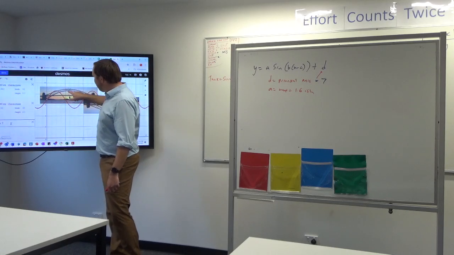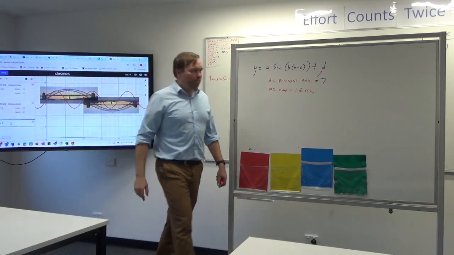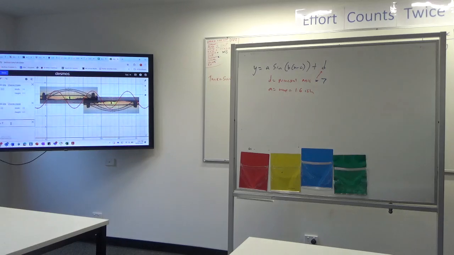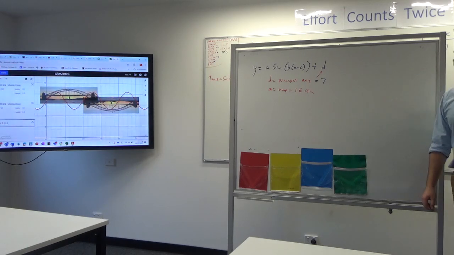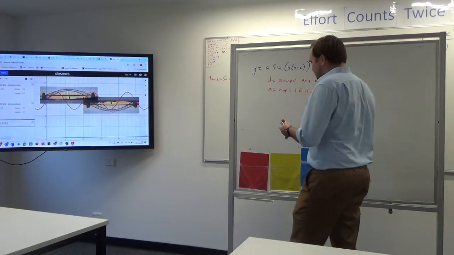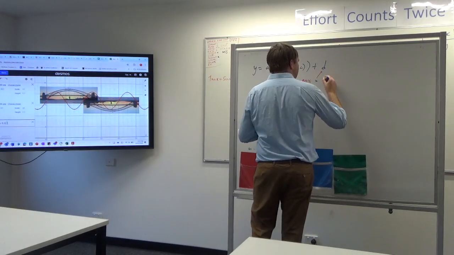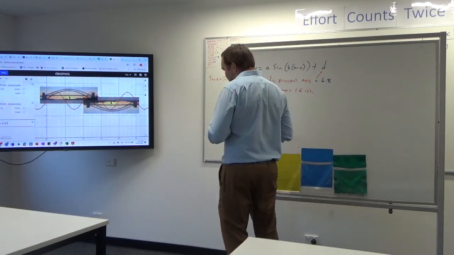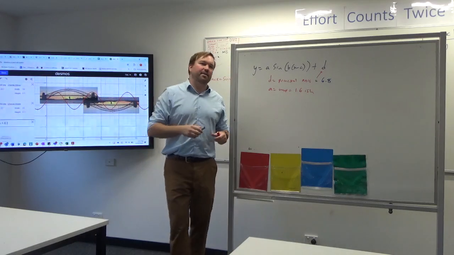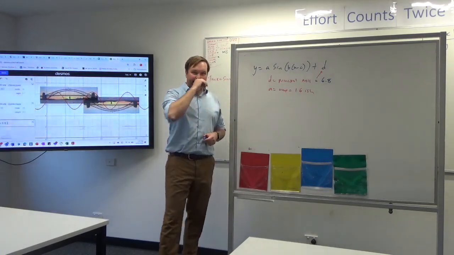Because I only want it to be there. 1.4. It's a bit lower on the other one. So maybe my 7 wasn't quite right. Maybe 6.8. That's better. There's going to be some trial and error. The important thing is you're not just putting in numbers blindly, you're having an understanding of what each number does as it goes in.